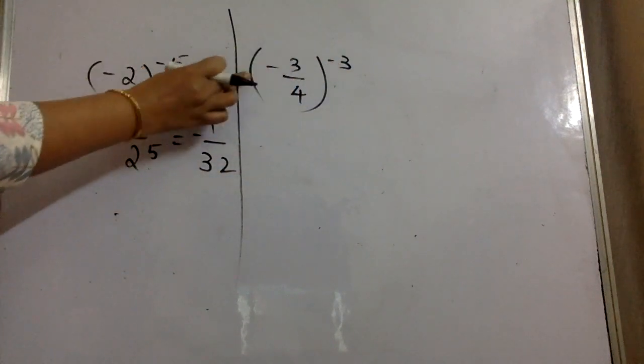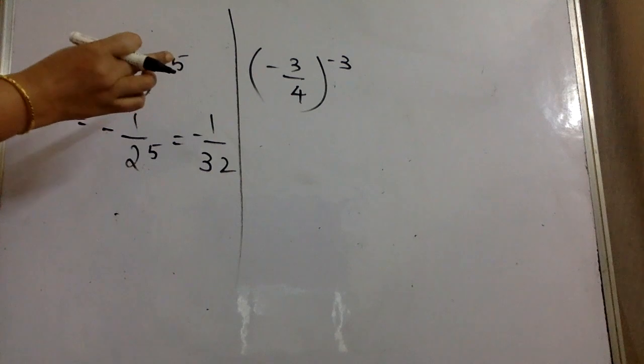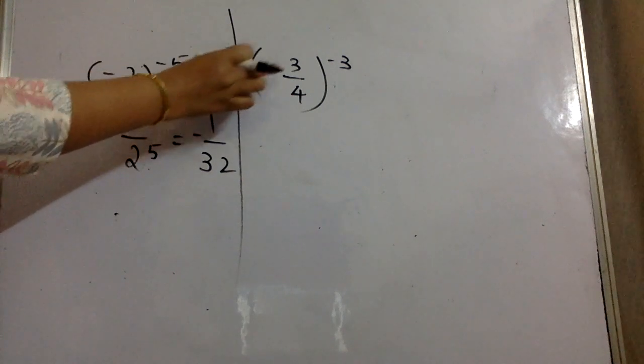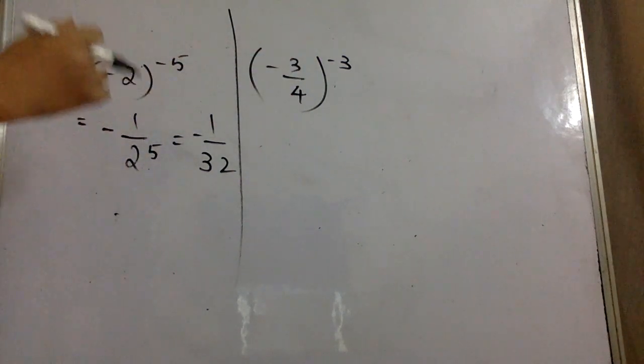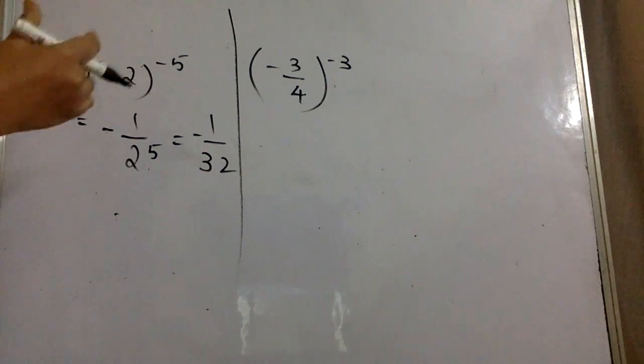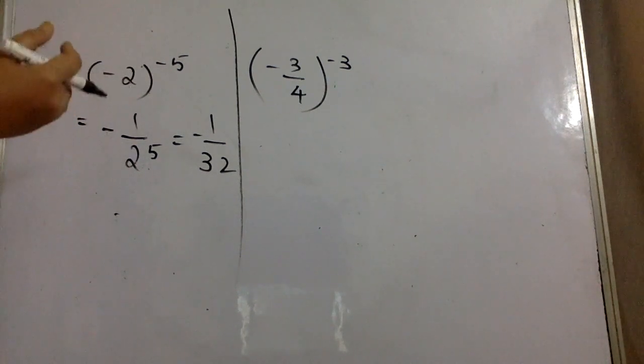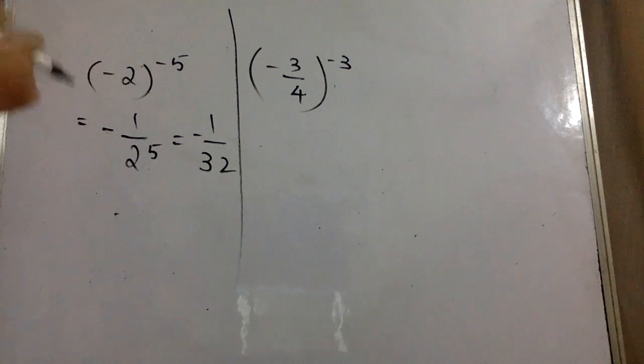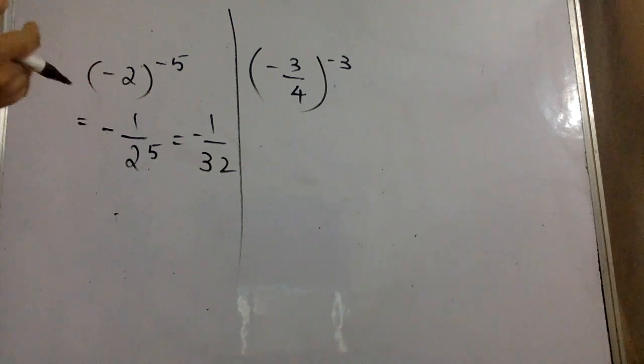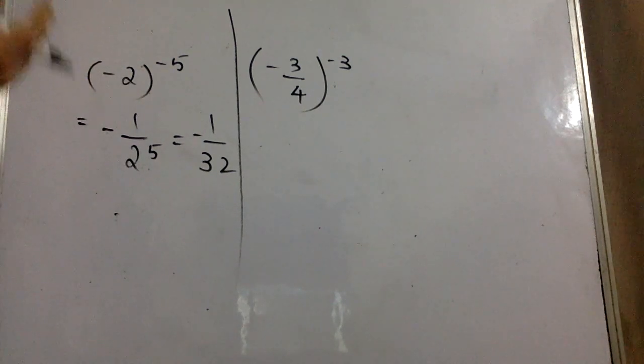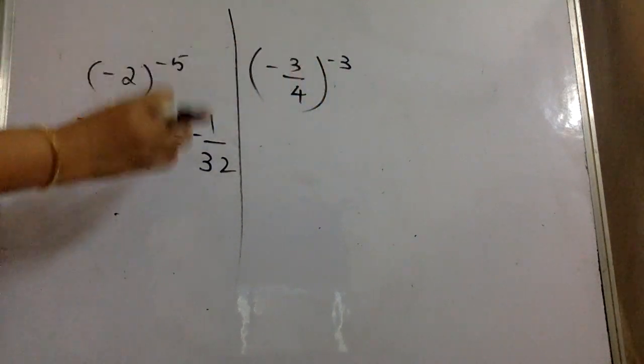Since it is odd, this minus will remain. We cannot remove this minus sign if it is odd, because with even, minus comes in pairs, that is minus into minus. If you write it 4 times, minus into minus is a plus, again minus into minus is a plus. So plus into plus is a plus, but here with the odd power, the minus remains.